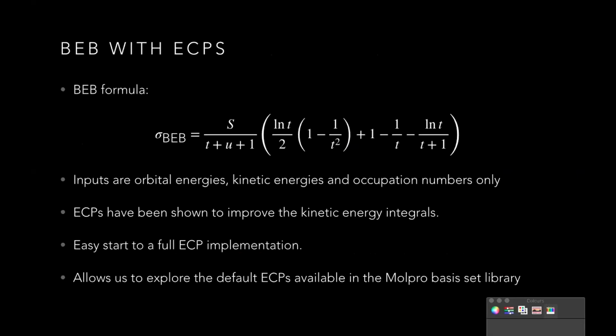So what we find is if you just use kinetic energy integrals from Hartree-Fock with no correction, then these are overestimated, and you end up with a much smaller BEB cross-section than you should do. Whereas if you use an ECP instead, these kinetic energy integrals are going to come out much better.